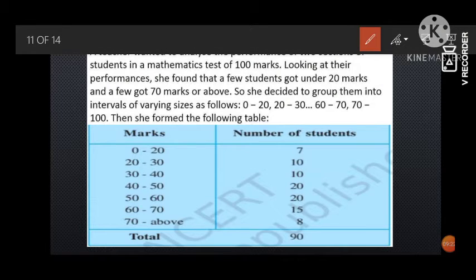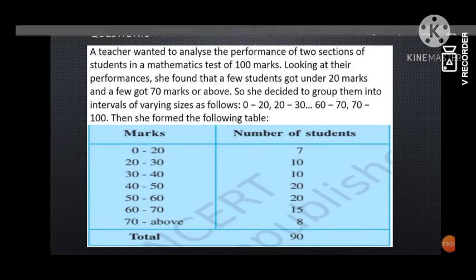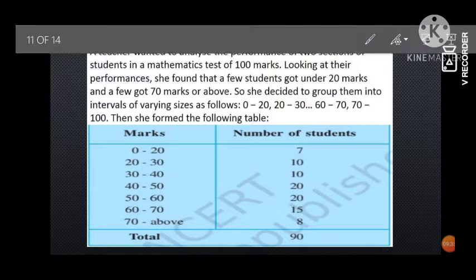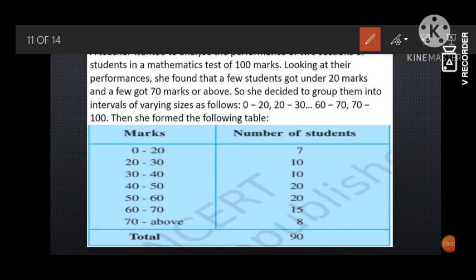In question number 6, it said that a teacher wanted to analyze the performance of 2 sections of students in a mathematics test of 100 marks. Looking at their performances, she found that few students got under 20 marks, and few students got 70 marks and above.